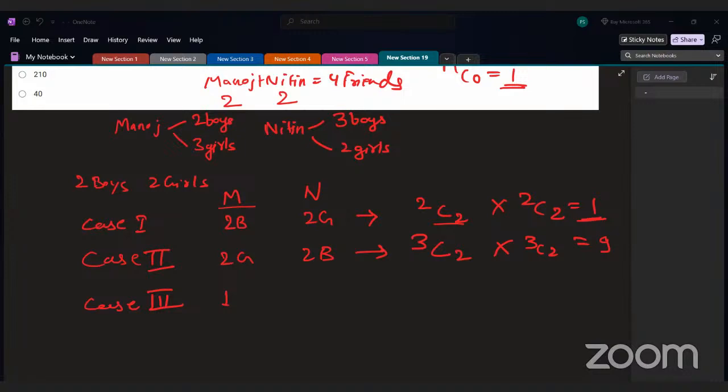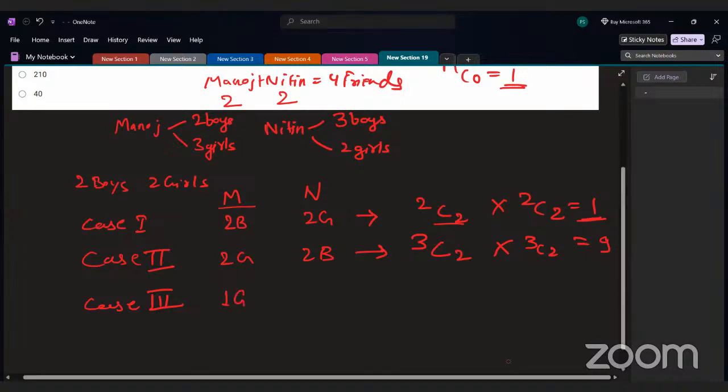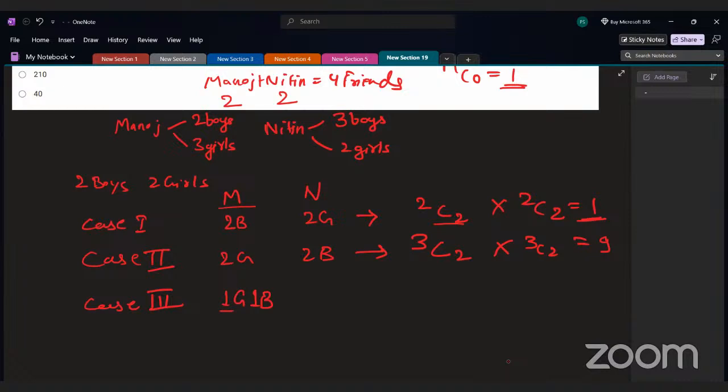Okay, so if we can start. As Divya was saying, in case three, Manoj can invite one female friend and one male friend. Similarly, Nitin can invite one female friend and one male friend. And how many ways can we do this?